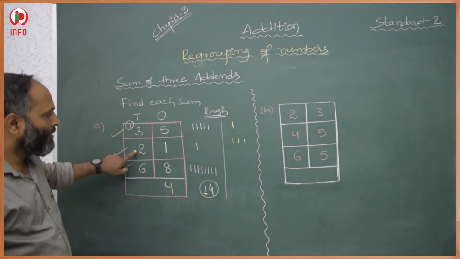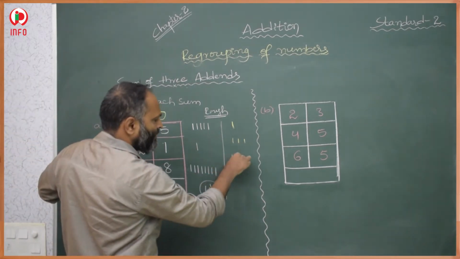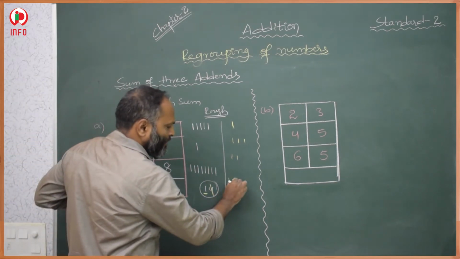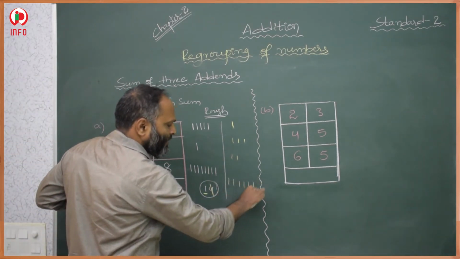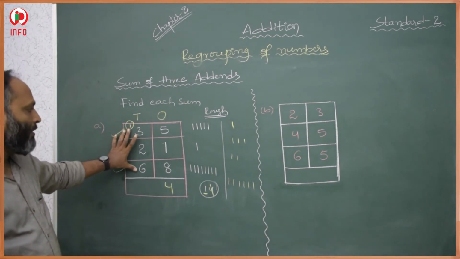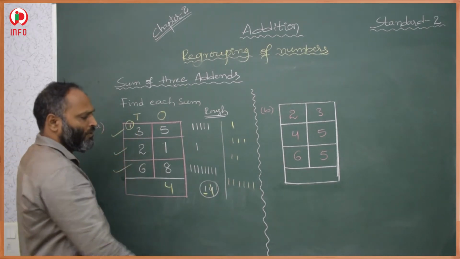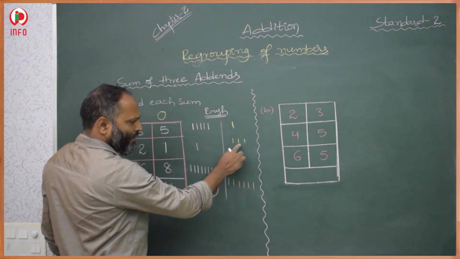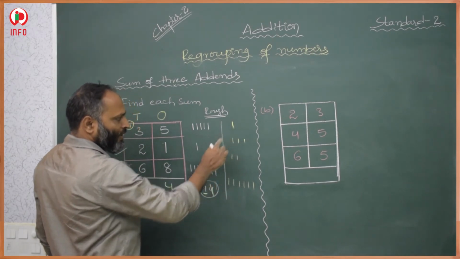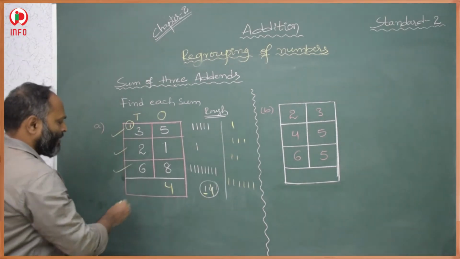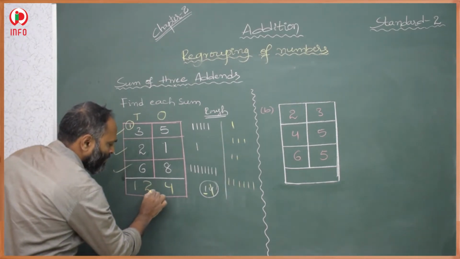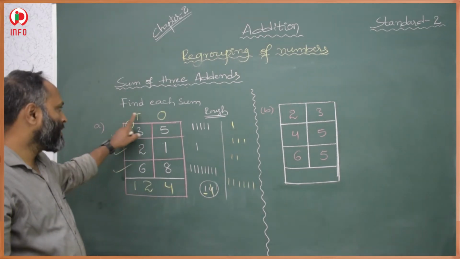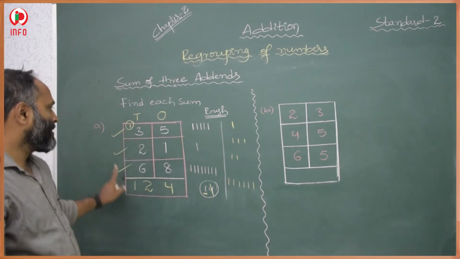After that 2 lines: 1, 2. Then 6 lines: 1, 2, 3, 4, 5, 6. Now add all these: 6, 7, 8, 9, 10, 11, 12. Total 12. That is 124. This is our sum.